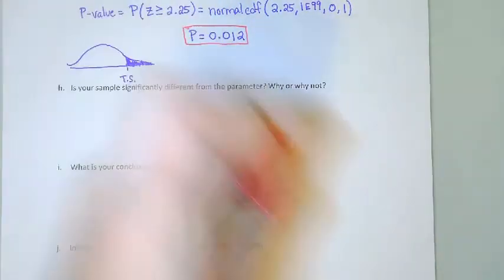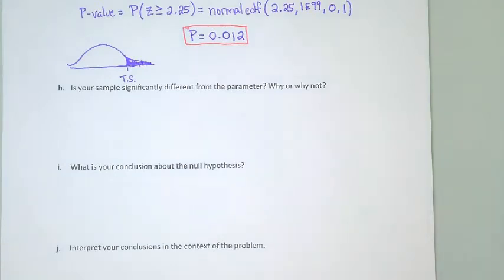Remember, our p-value is measuring the strength of the evidence we gathered. How unusual is it that from our sample data we got a proportion of 43% when the actual population proportion is 34%?